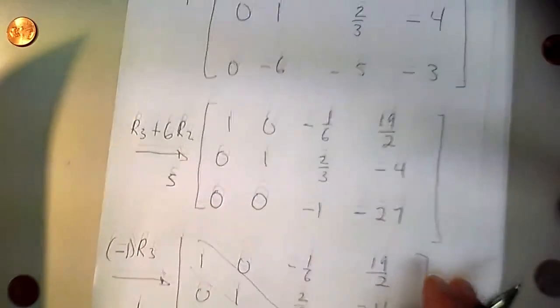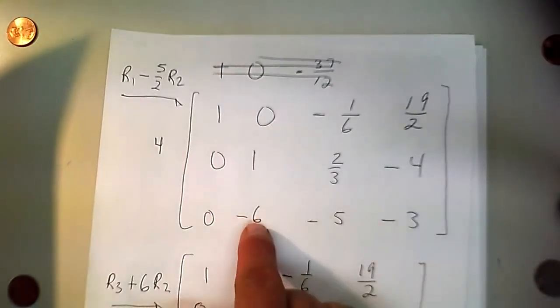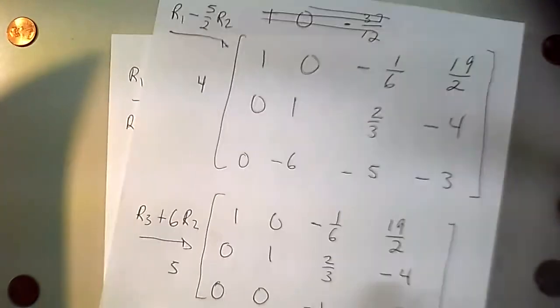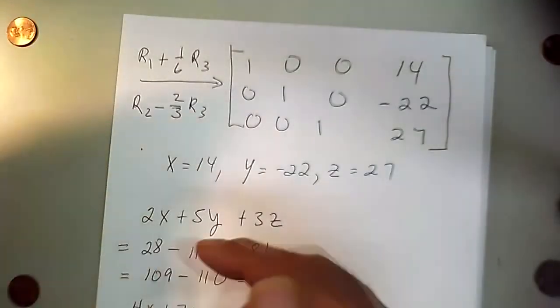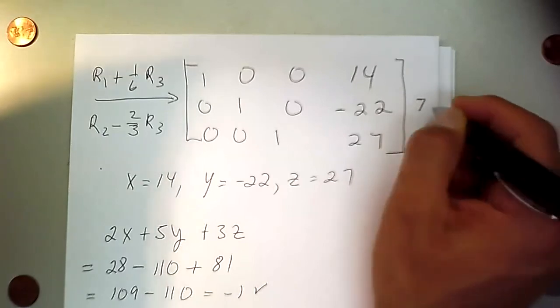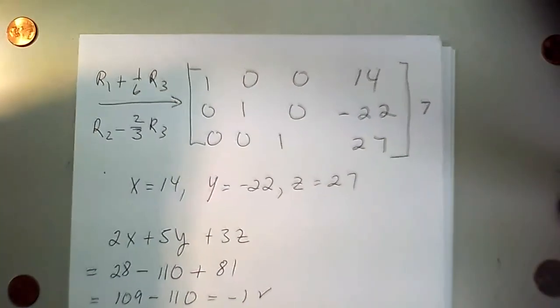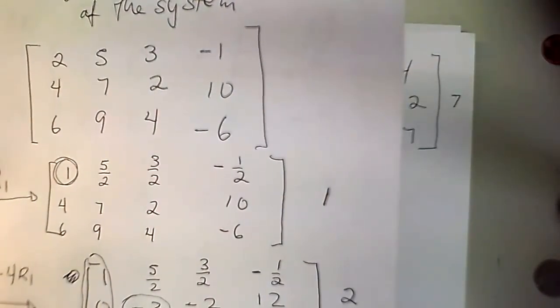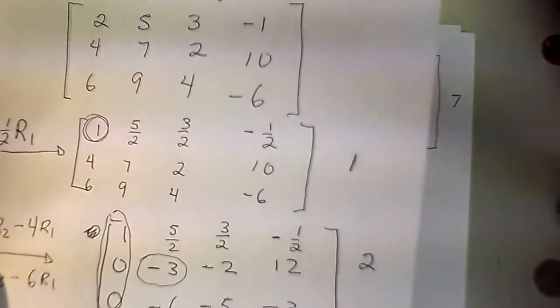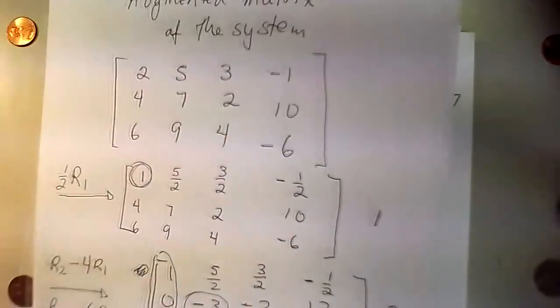Usually it takes only 6 steps, but remember I forgot to get rid of this negative 6, so we did that in a following step. And that's why this problem took 7 steps. Typically a problem like this takes about 6 steps, not 7. Yeah, I have to check the other ones.